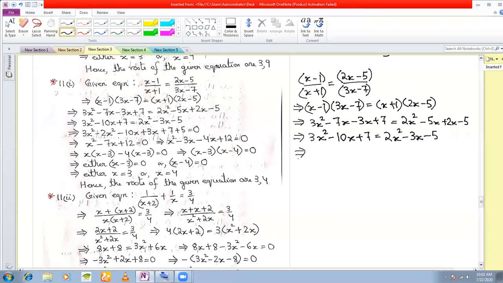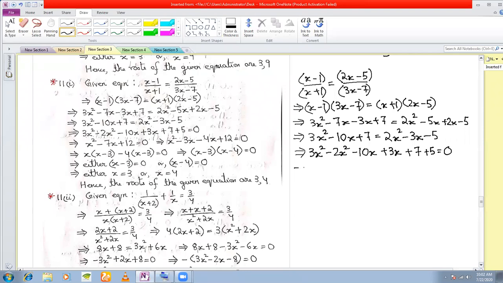Now you make the right hand side 0. 3x square minus 2x square, bringing 2x square from the right hand side to the left hand side, minus 10x, again bringing minus 3x from the right hand side to the left hand side, and bringing minus 5 from the right hand side to the left hand side.